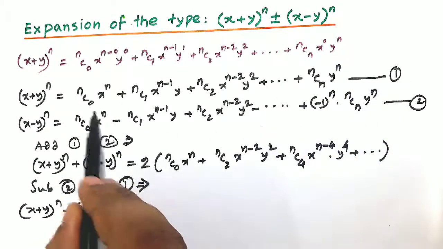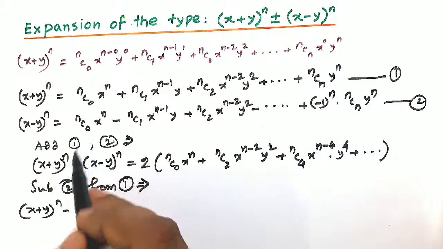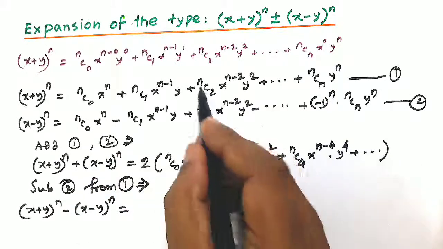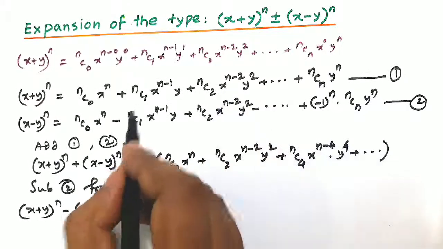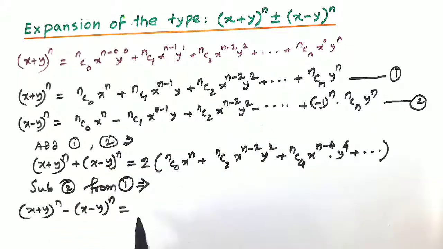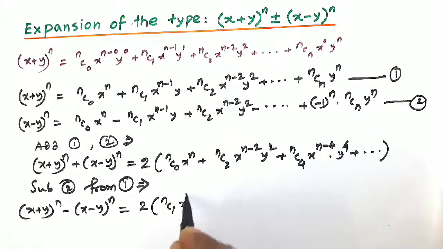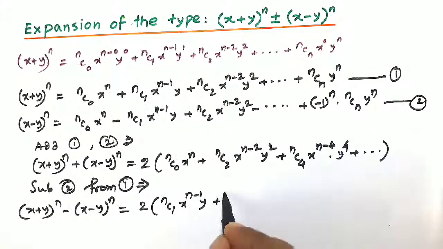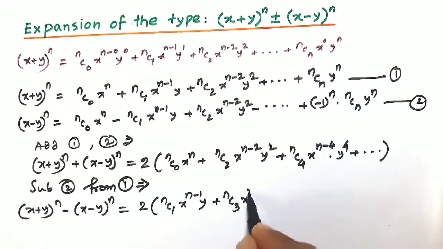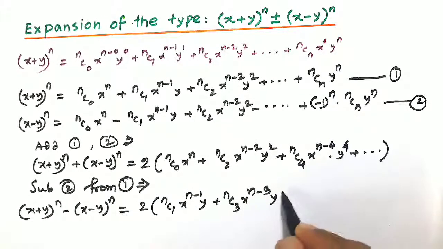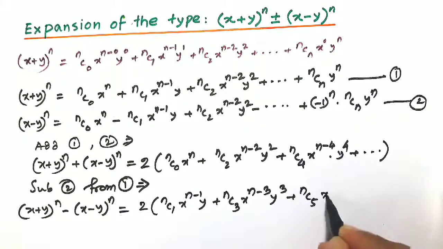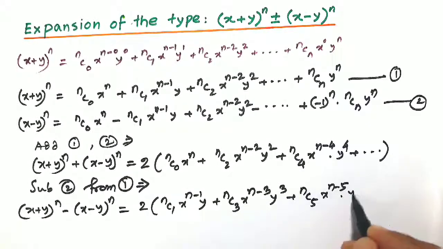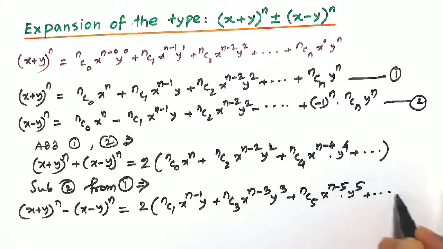So nC0 x^n will be cancelled and nC2 x^(n−2) y^2 will be cancelled. So only the positive-negative terms will be doubled: twice of nC1 x^(n−1) y + nC3 x^(n−3) y^3 + nC5 x^(n−5) y^5 and so on.